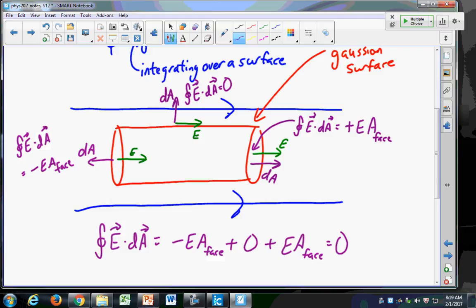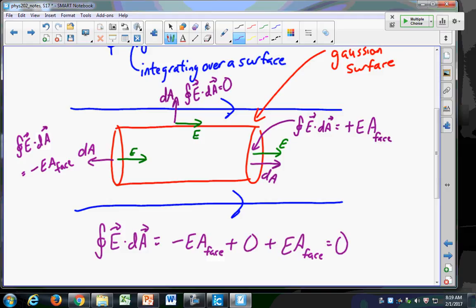Remember Gauss's law for mass? We said that the flux was like negative, I forget, 4 pi G or something, times the mass inside. We're going to see Gauss's law for electric fields as well. And in order for the flux to be non-zero, there has to be a charge inside of that object. Is there a charge inside of this Gaussian surface?